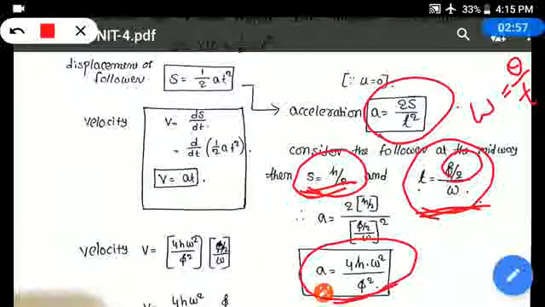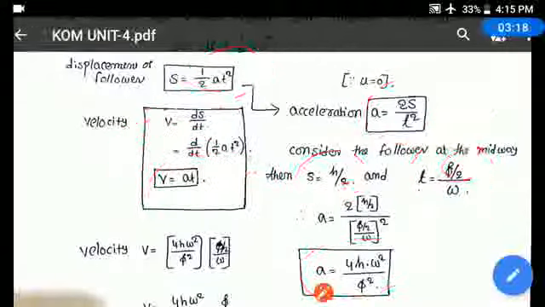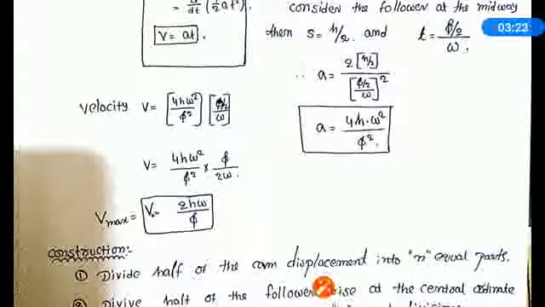So here we can also get the velocity. How to get the velocity? Velocity is nothing but the first derivative of the displacement. v is equal to ds by dt, the rate of change of displacement. We already know s is equal to half a t square. So if I differentiate half a t square, I am getting v is equal to acceleration into time. So this is in terms of a and t.